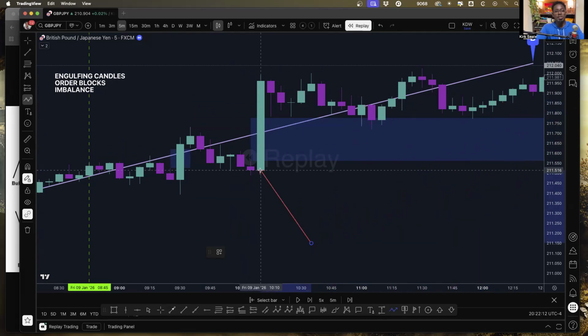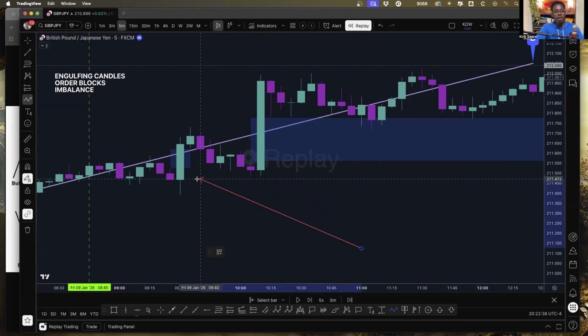So anytime the price, the value, the relationship between one currency and the other changes very, very quickly, you may have an imbalance, right? And that is going to show up as this engulfing candle. It's giving us a strong indication price wants to go in whatever direction the engulfing candle was going.